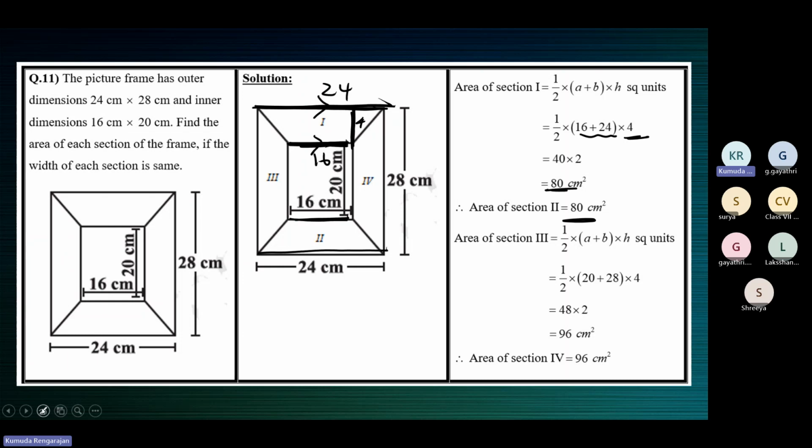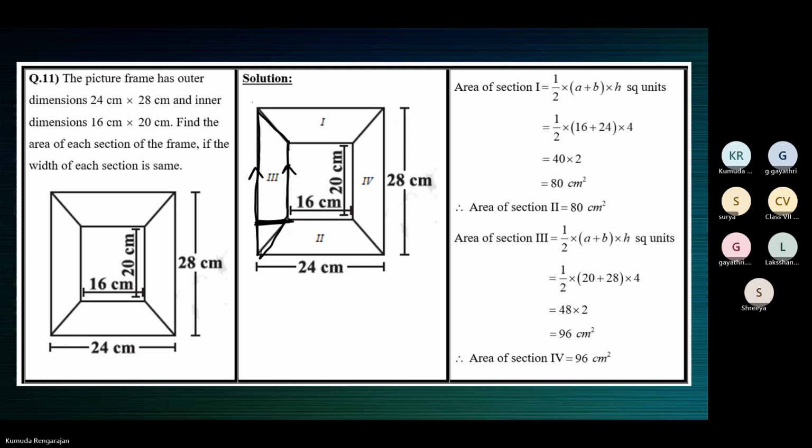Now for section 3, this one and this one are the parallel sides, and this is the distance between the parallel sides. This one is a trapezium. So how much is this one, children? 28. How much is this? 20 centimeters.